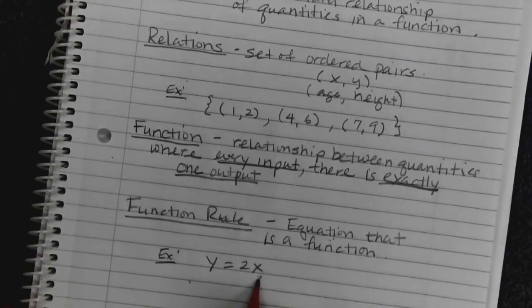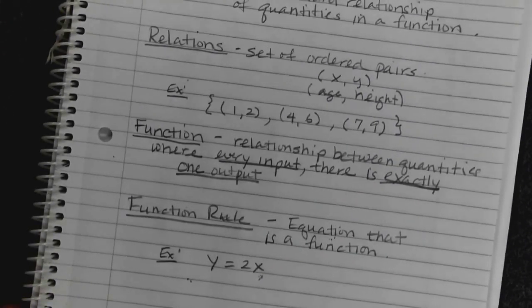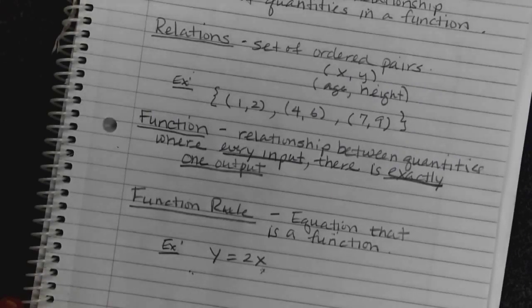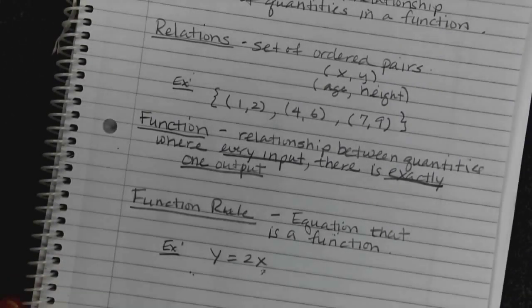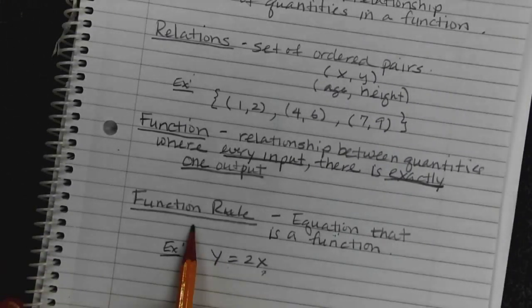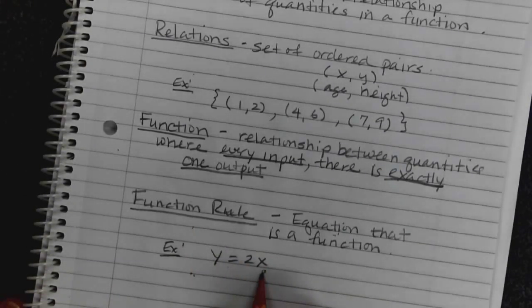If I plug in 1, what's my answer? 2. Do I get any other answer when I plug in 1? No, I get exactly one answer, which is 2. So that's why this equation is called a function rule, because for every input you plug in, you're going to get exactly one output. Okay?